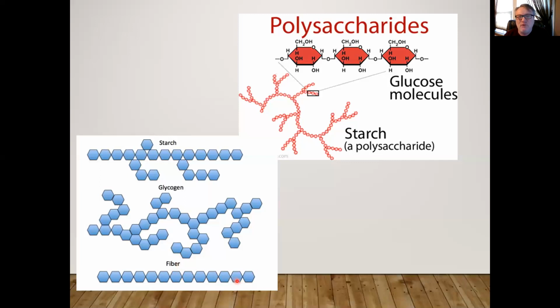So this is generally not digestible by animals per se, unless we have some help from a prokaryote. Bacteria possess the enzymes to do so. There are a few animals that do, termites, for instance. So there's a few insects that are able to break down fiber as part of their natural diet.